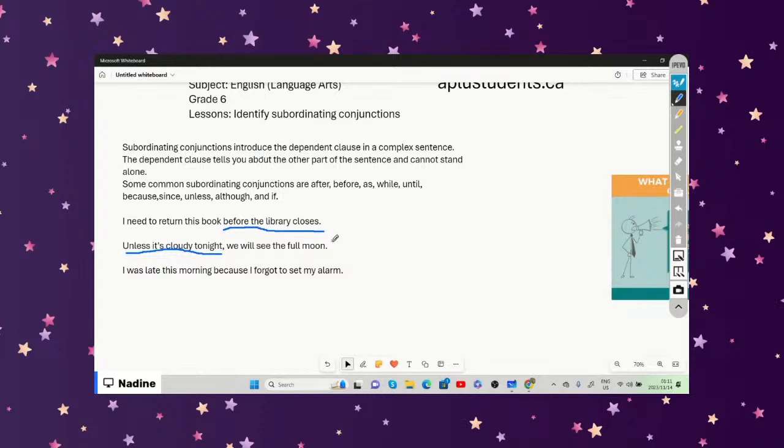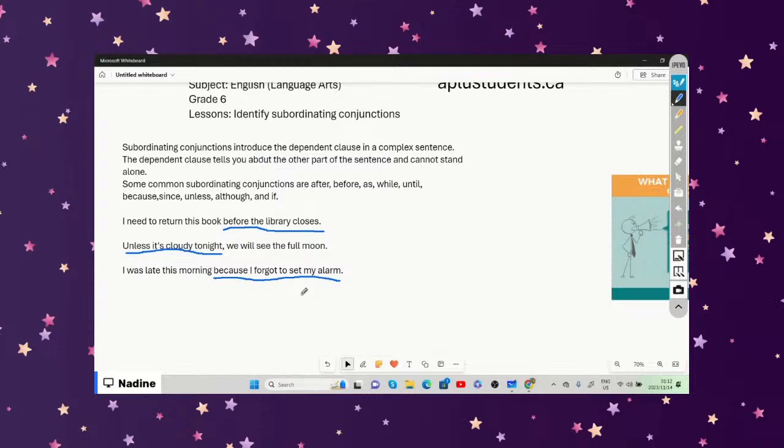So in this case, the conjunction is because, but we take that whole dependent clause, which means because I forgot to set my alarm. So that is a subordinating conjunction.